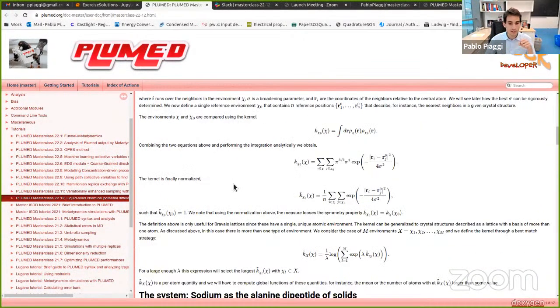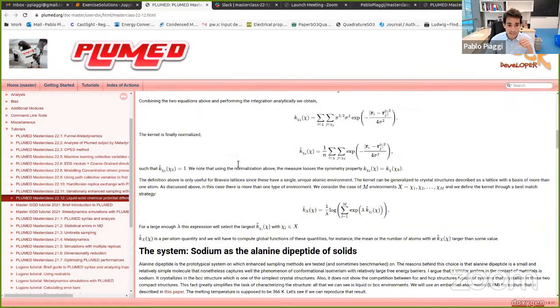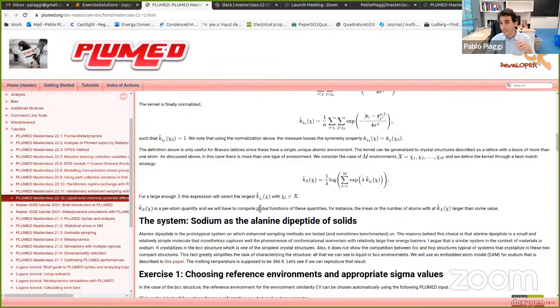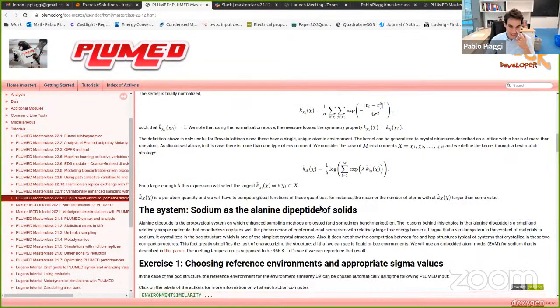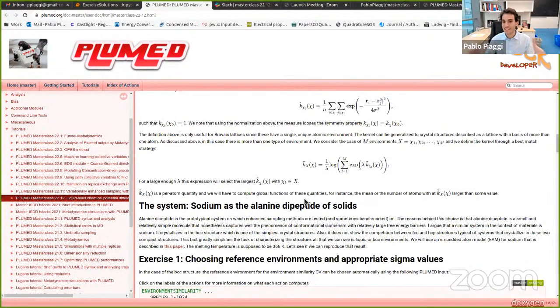Okay, let's go to the first exercise that is about sodium. I call it the alanine dipeptide of solids, because alanine dipeptide is the standard system to test enhanced sampling methods and to do tutorials, because it's a very simple system.